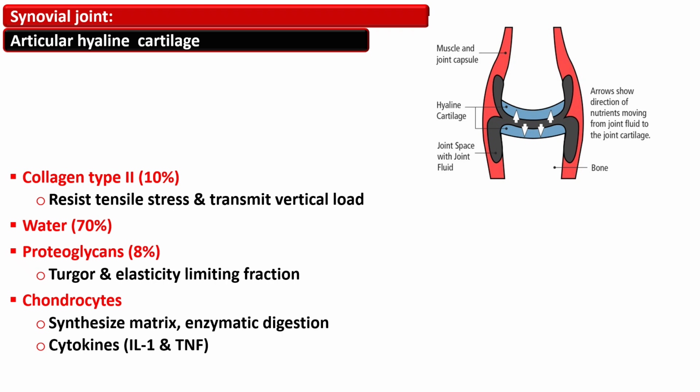The collagen type 2 resist tensile stresses and transmit vertical load, while the proteoglycans are responsible for turgor and elasticity, limiting friction. Then these chondrocytes are responsible for synthesis of matrix and also responsible for enzymic digestion of various proteins.